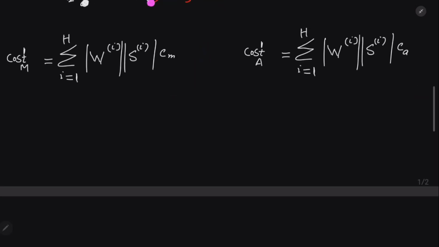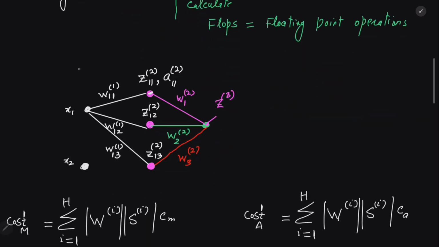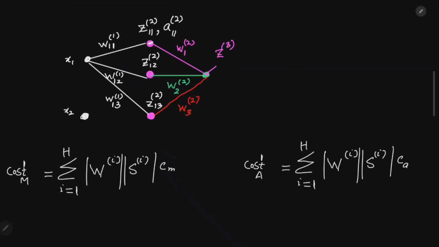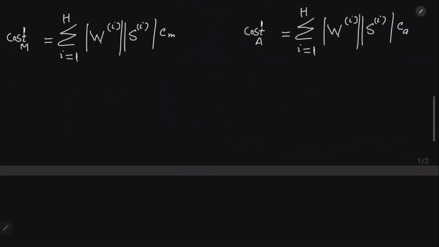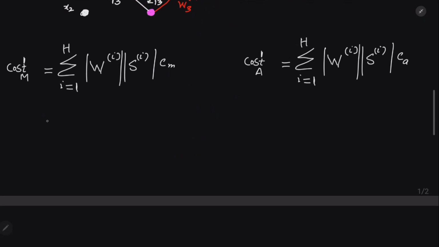The total cost of moving forward propagation from the input to the output, then output to the input, requires two-way. So first, we need to add these two things. The total cost will be equal to the cost of multiplication plus the cost of activation function.